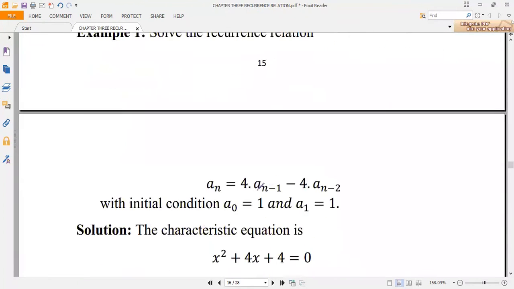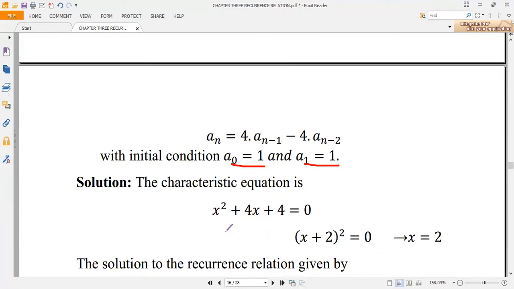Solve the recurrence relation defined by an is equal to 4 times an minus 1 minus 4 times an minus 2, with initial conditions a0 is equal to 1 and a1 is equal to 1. Now, the characteristic equation of the recurrence relation is x squared minus 4x plus 4.